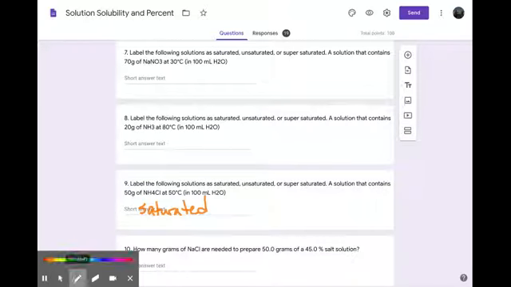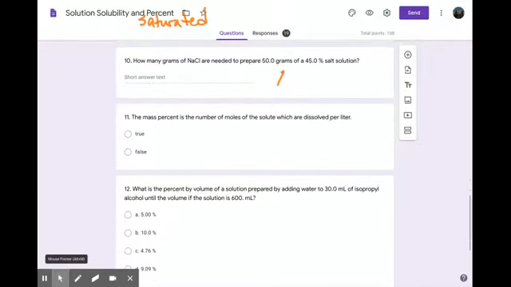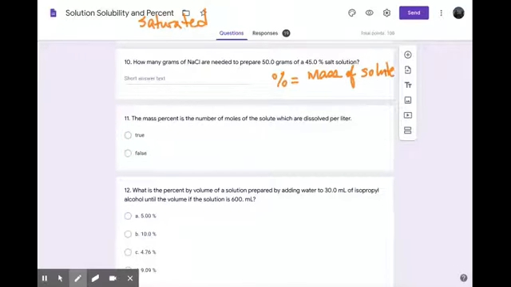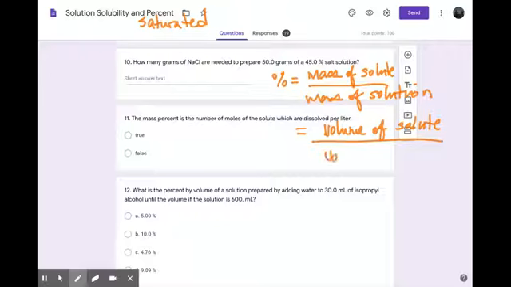Percent of solution is equal to mass of solute over mass of solution, or is equal to volume of solute over volume of solution.